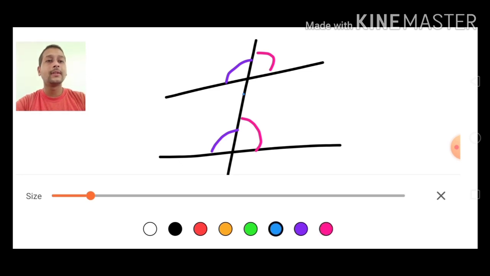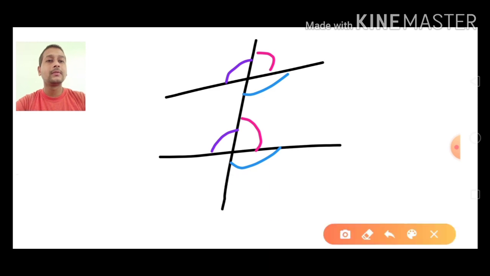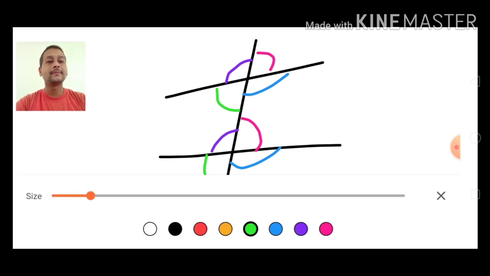Then we have this angle and this angle in the lower part, and this angle and this angle. These are the corresponding angles.